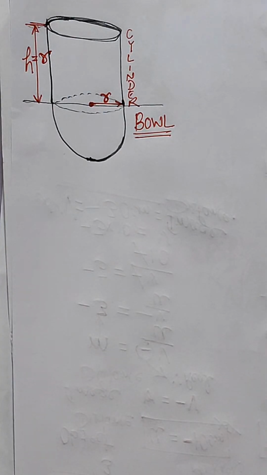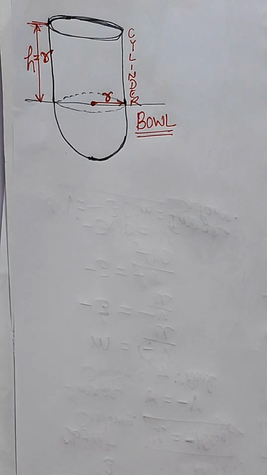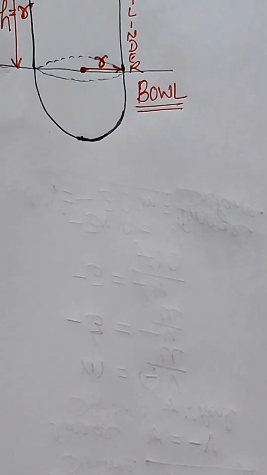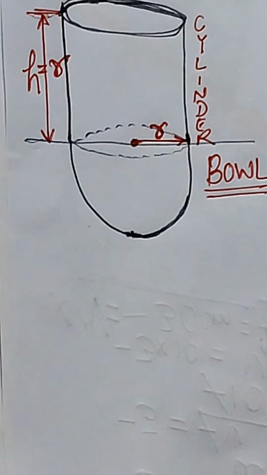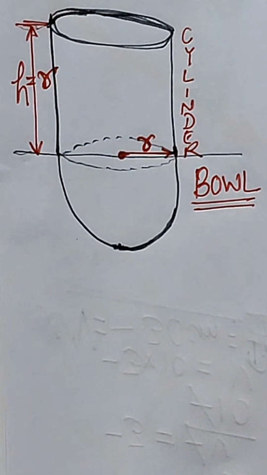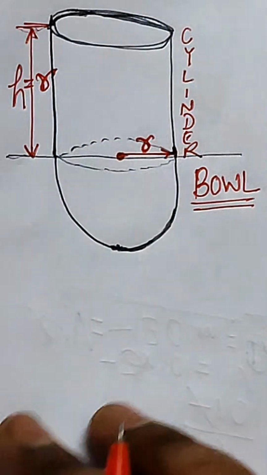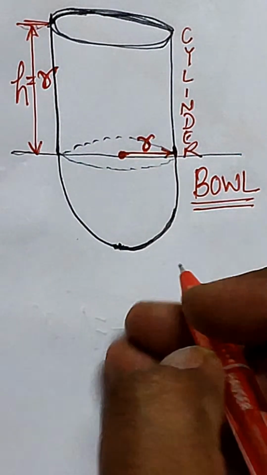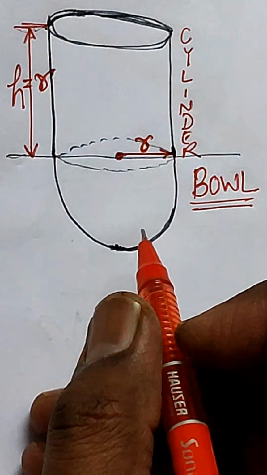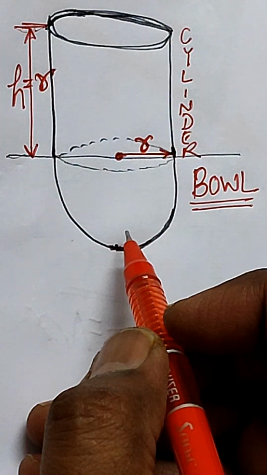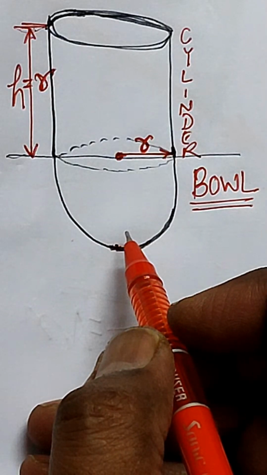Now we need to find the surface area. I hope this picture is more clear to you now. So the total data given in the question: a cylinder of same height and radius is placed on the top of a hemisphere.